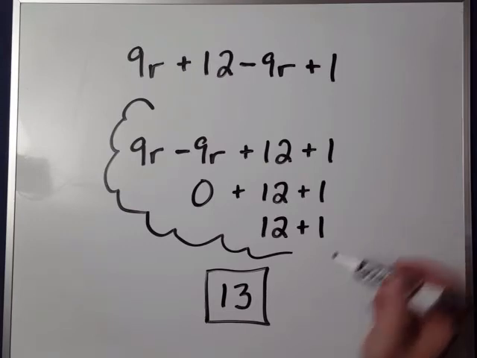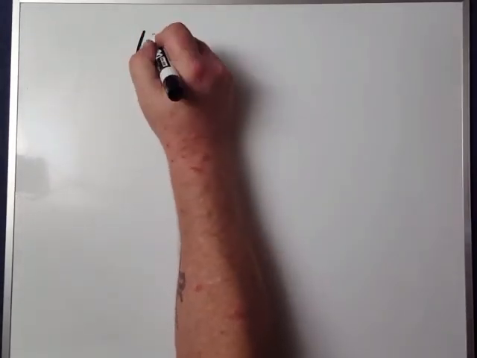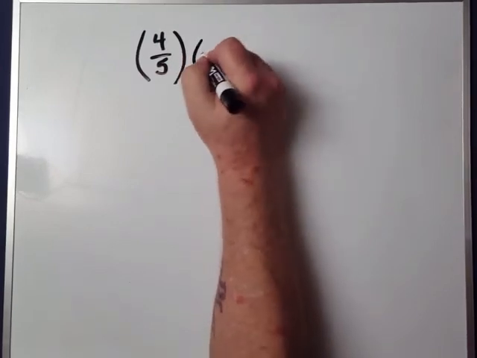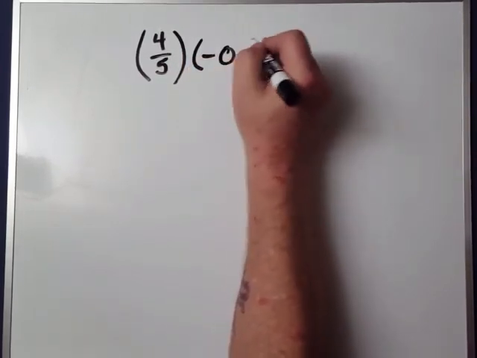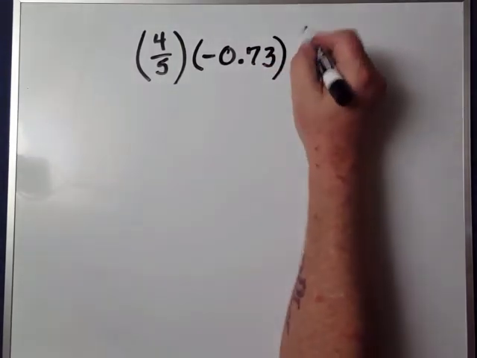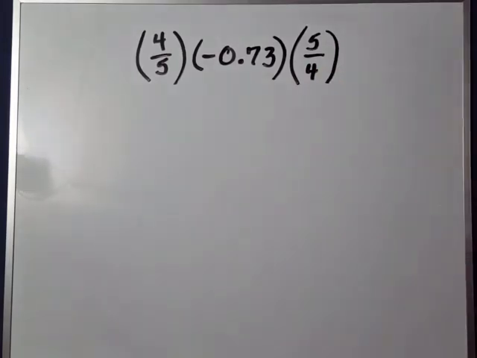Let's look at number 60. In number 60, we have all multiplication. And what can you spot right away?